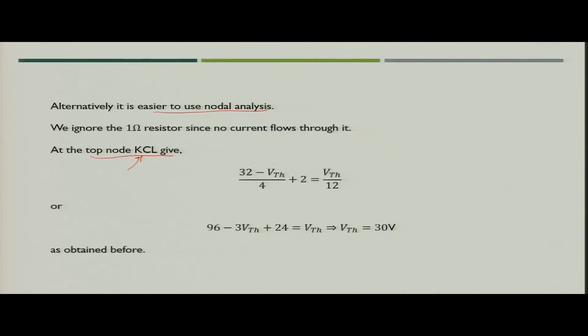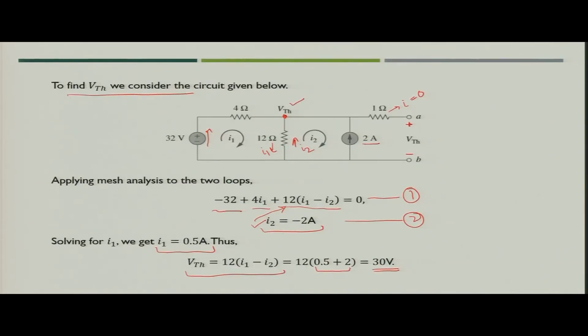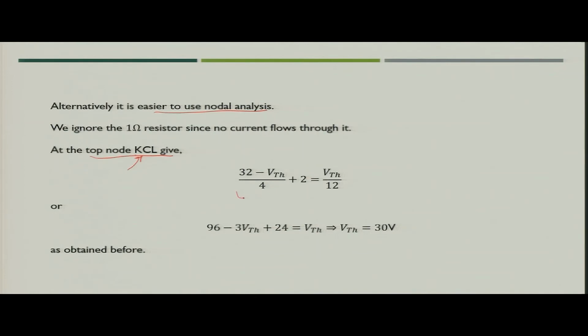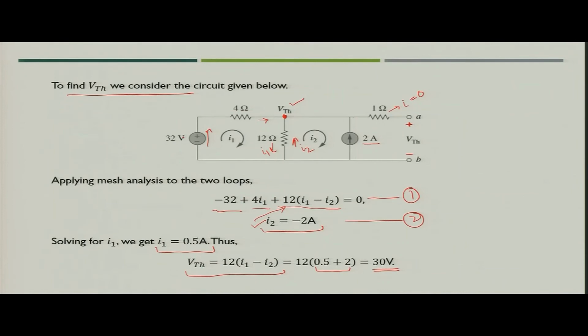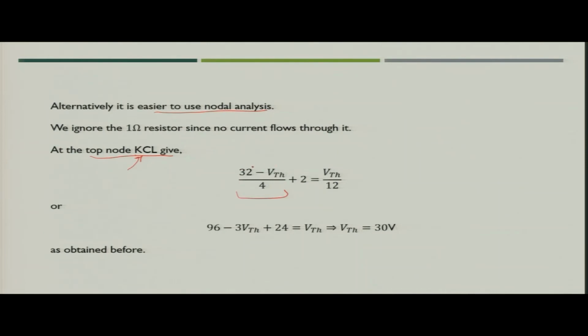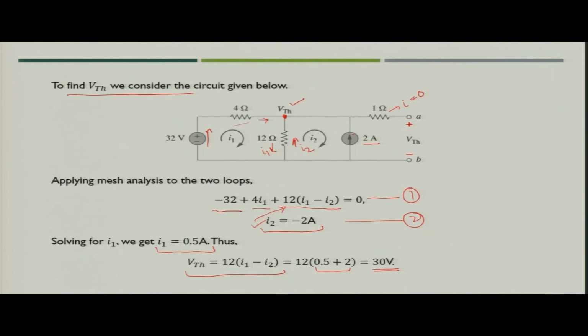You will simply see what the various currents flowing into the node are and equate the sum to 0, because the total sum of current at that particular node would be 0. So, what would be the current coming inside from the left? That would be (32 minus VTH) divided by 4 ohm. So, you have got the first term of the equation. Then next is the 2 ampere current which is flowing in this direction.